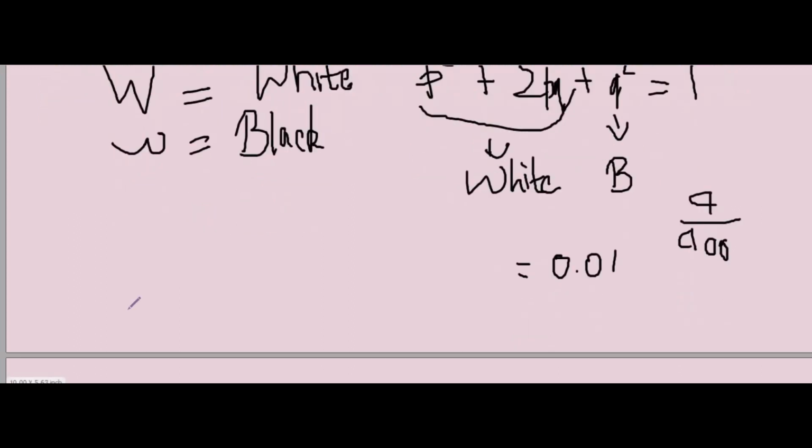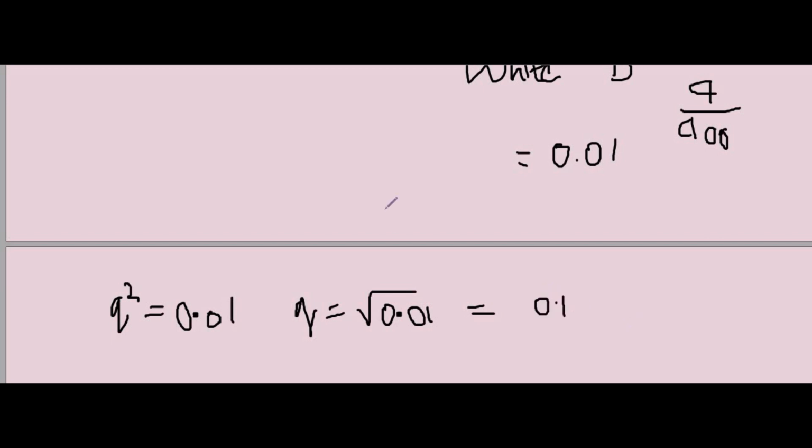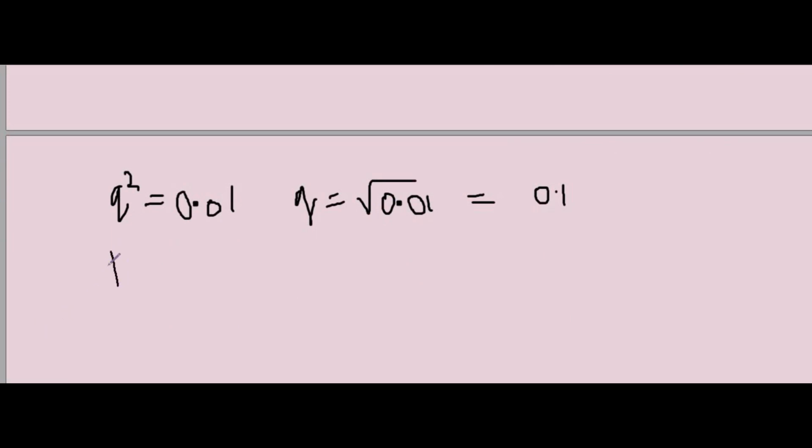So the Q square value is 0.01. The Q value will come out to be the square root of 0.01, which is equal to 0.1. Now we know the equation, which is P plus Q is equal to 1.